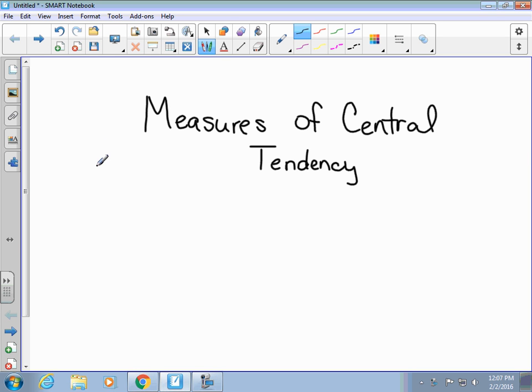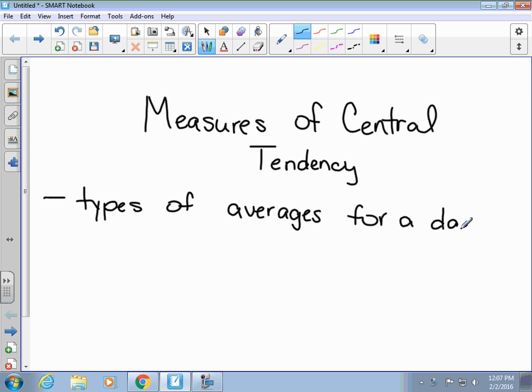So you're taking notes. Under measures of central tendencies, this is types of average for a data set. And when they use the word data, what they mean is numbers.